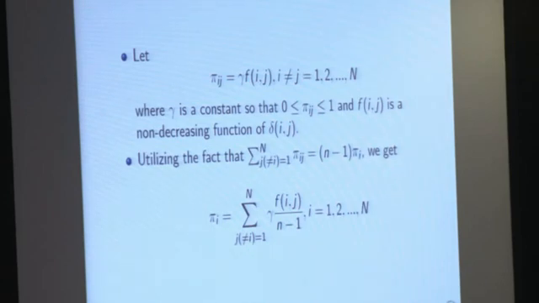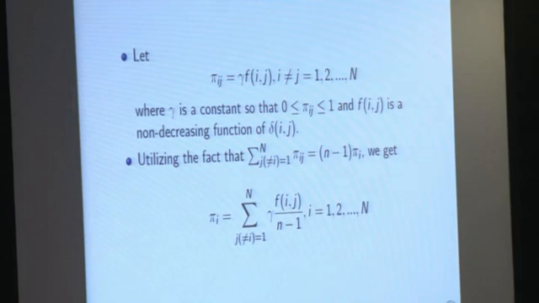Now, for deriving the values of the pi ij's under this sampling plan, pi ij is given by this formula: gamma times a function of the distance between i and j. And if we keep the constraint that pi ij lies between 0 and 1, because they are inclusion probabilities, we have to find the value of the constant gamma.